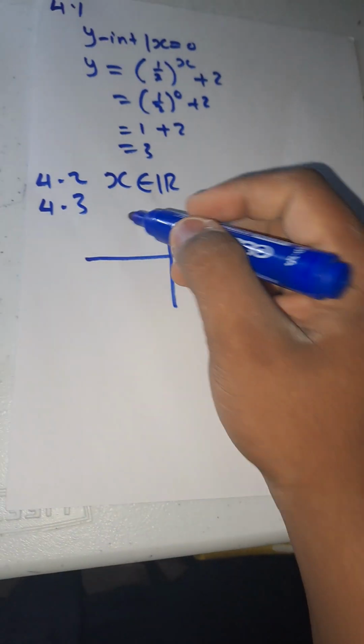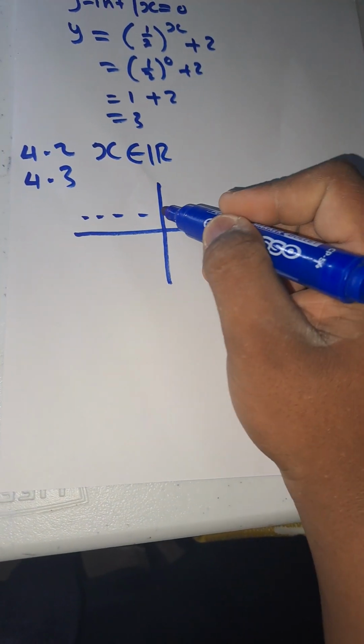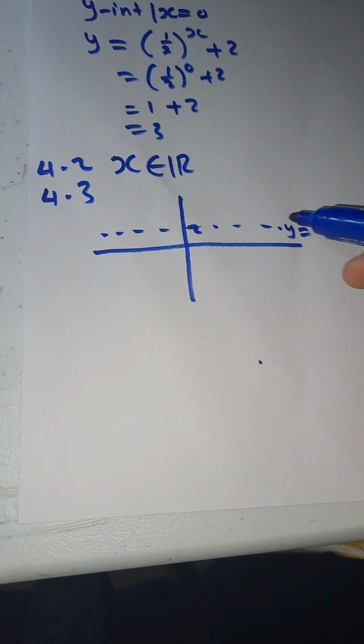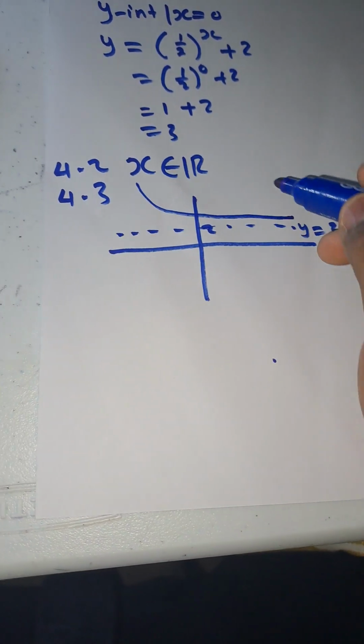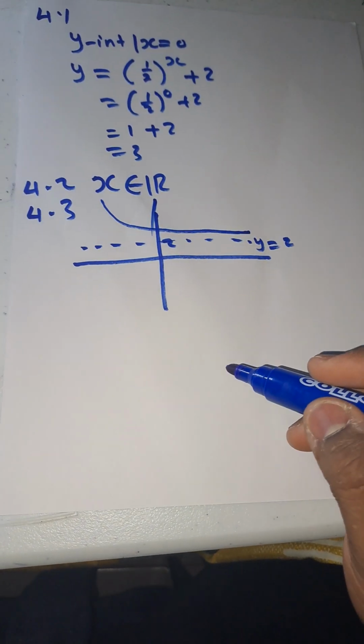So I'm just going to do it like this. y equals 2. Let me write 2 here. Now my graph, let's check the equation, it is 1 over 2 to the power of x. That tells me that my graph is a decreasing graph, because this value is between 1 and 0, half.